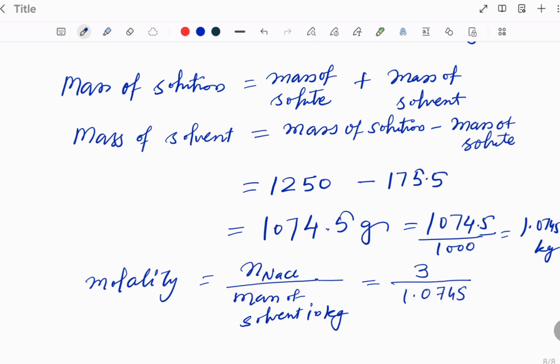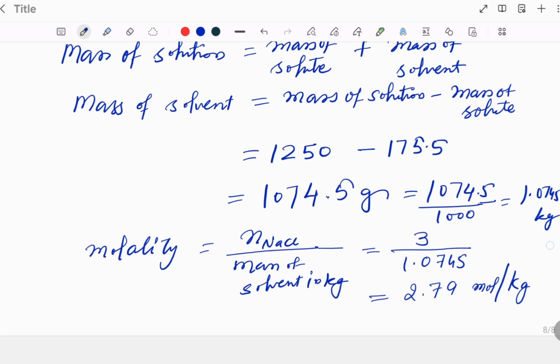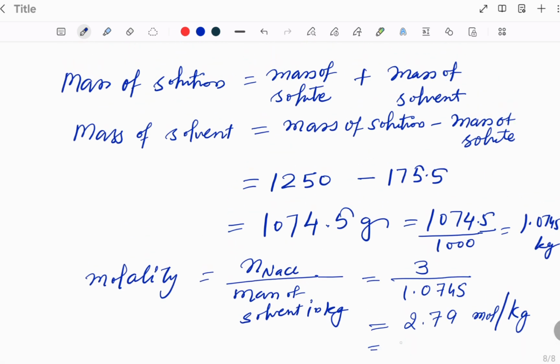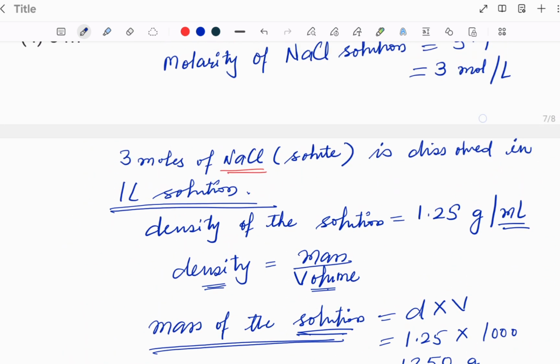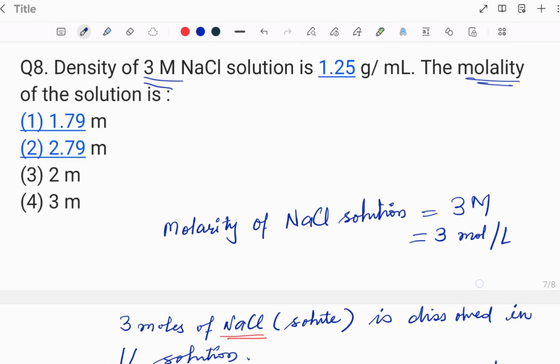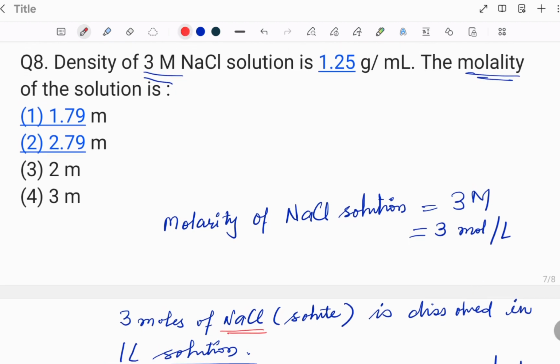Okay. So after calculating, it comes out to be equal to 2.79 mole per kilogram. And as we know, mole per kilogram is molal. And when we go up and look at our question, we can see that the second option is the correct option.